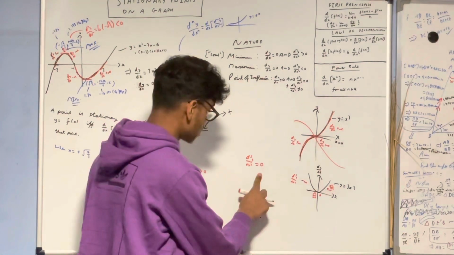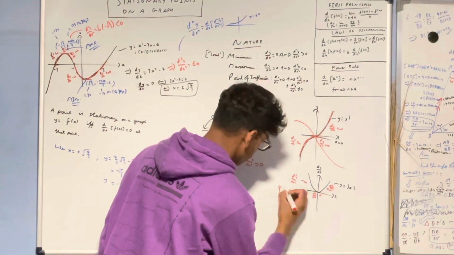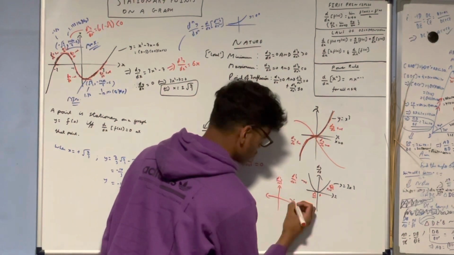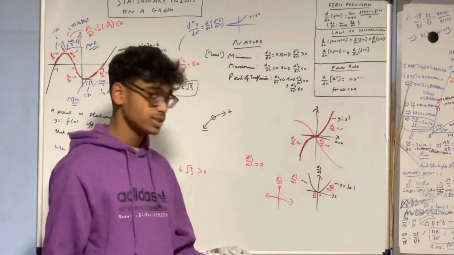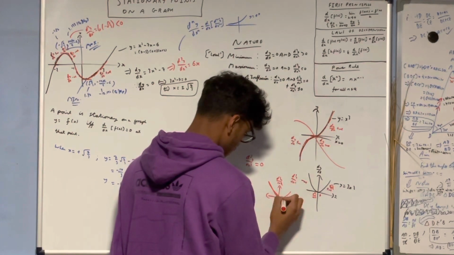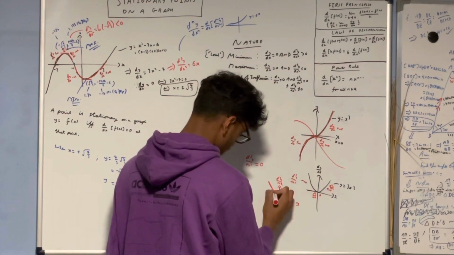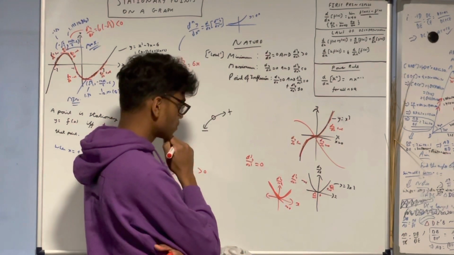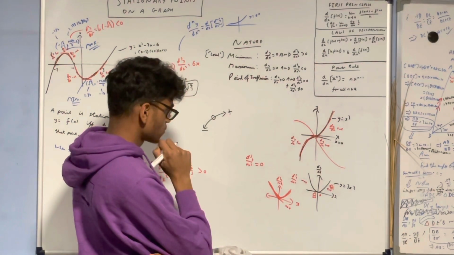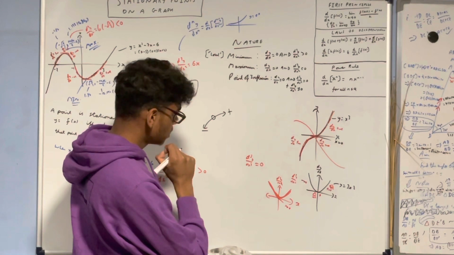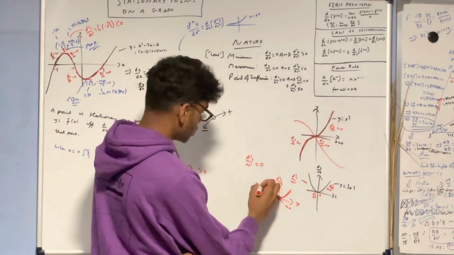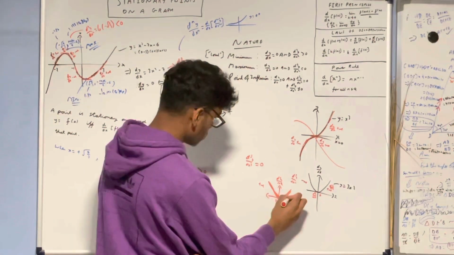Because if this was tangent as well, let's say it was tangent. And I'll do it with red because there's red flags all over this. If d squared y by dx squared was tangent at this point here, at the same point x equals 0, then d squared y by dx squared would go from positive to 0 to positive.